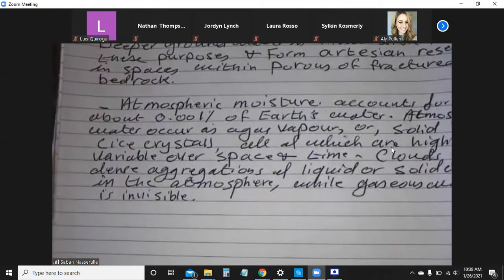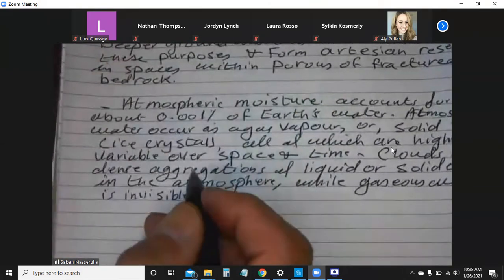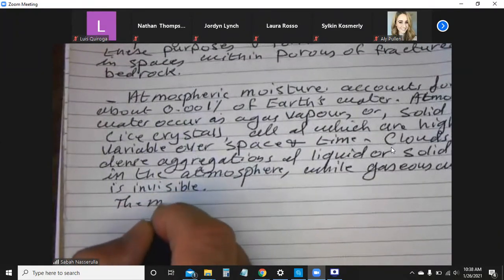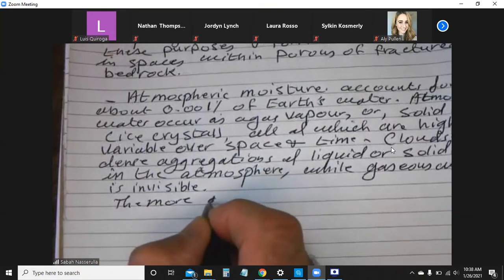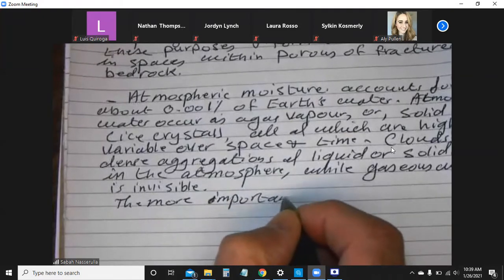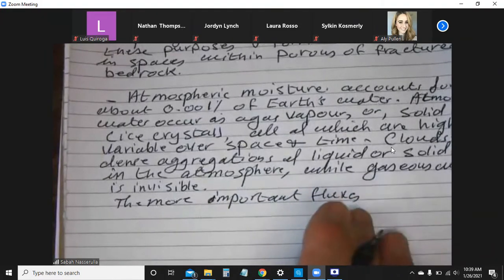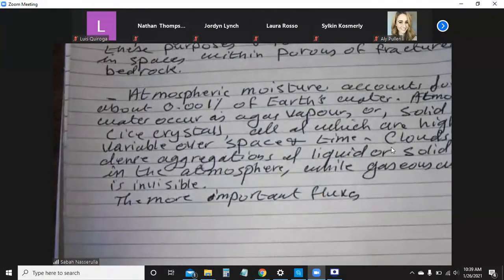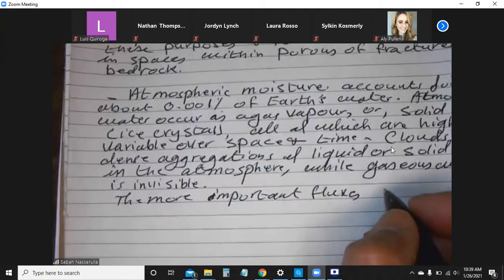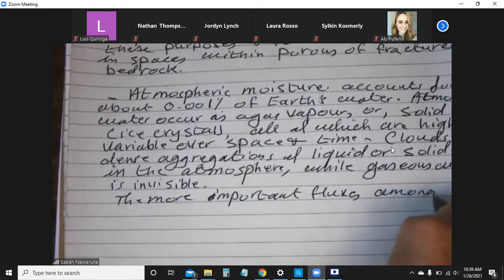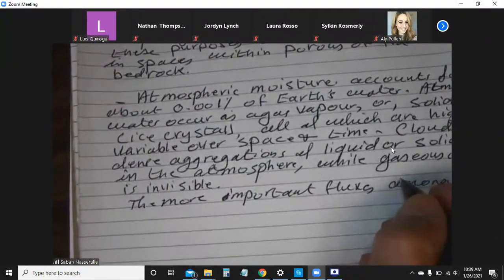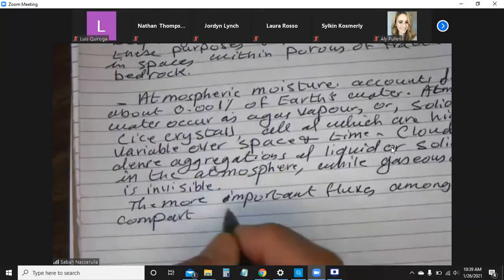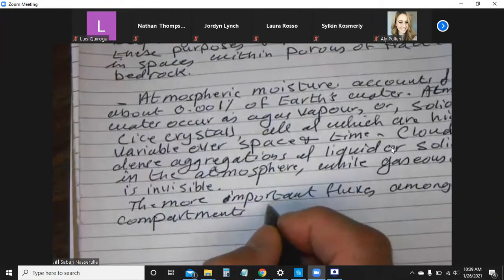Now to mention the more important fluxes among the compartments of the hydrological cycle.